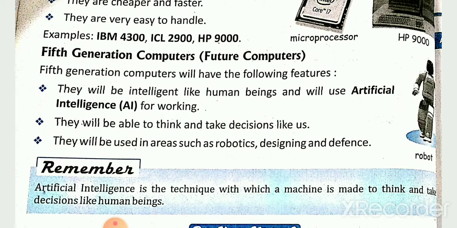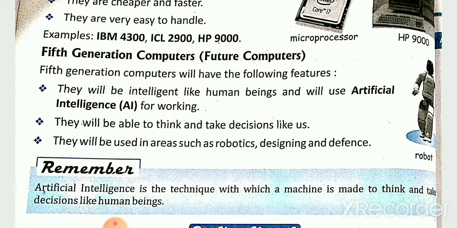They will be able to think and take decisions like us. The AI, the artificial intelligence, will be able to think and take decisions like a human. They will be used in areas such as robotics, design and defense.